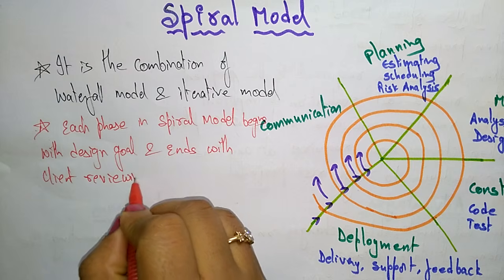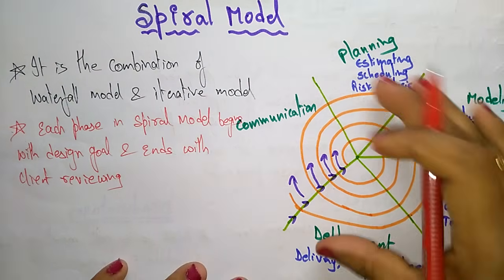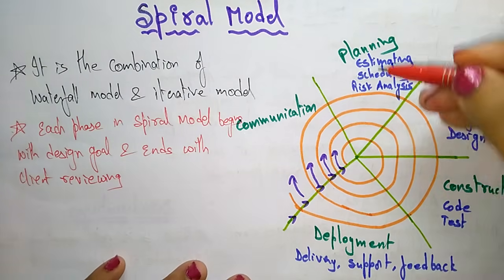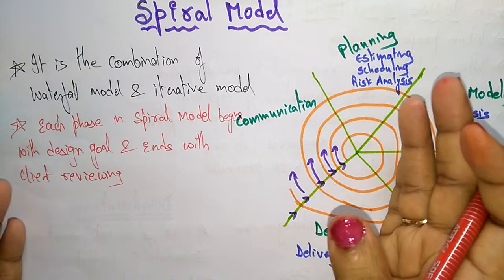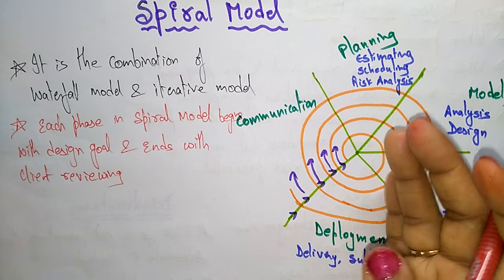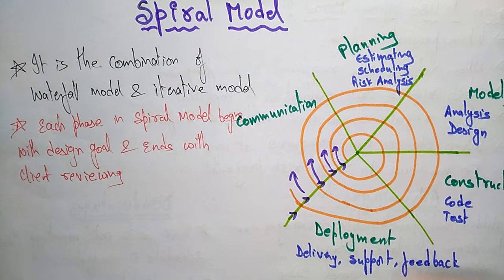Whatever phase you are taking, whether planning, modeling, or construction, the five phases are communication, planning, modeling, construction and deployment. In each phase, it begins with the design goal and ends with the client reviewing. Using the spiral model, software is developed in a series of incremental releases.